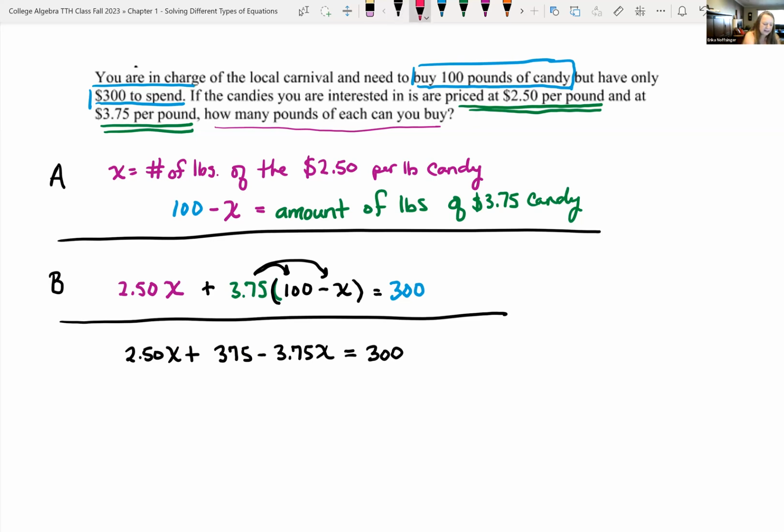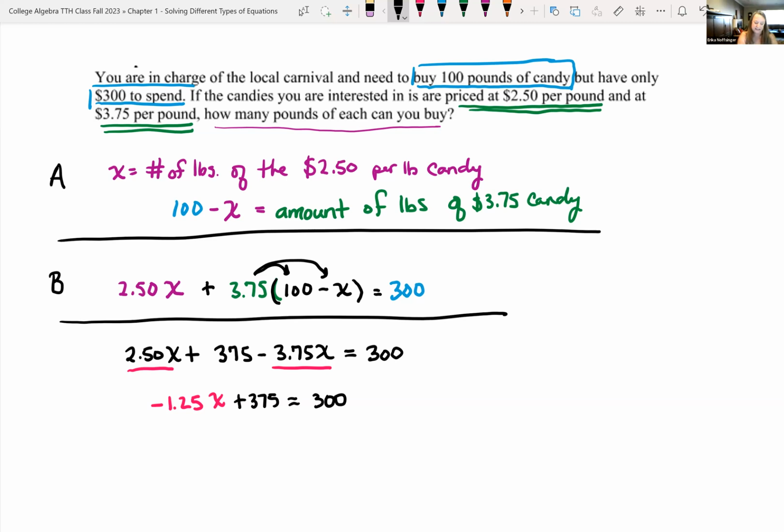So combining like terms on the one side. So I have 2.50x minus 3.75x. So 2.50 minus 3.75 is going to give me a negative 1.25x plus our 375 equals 300.